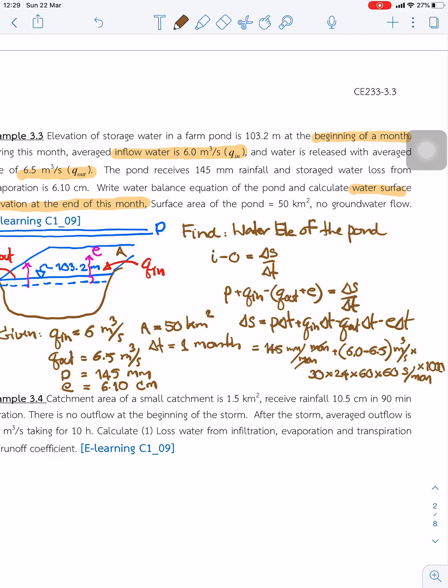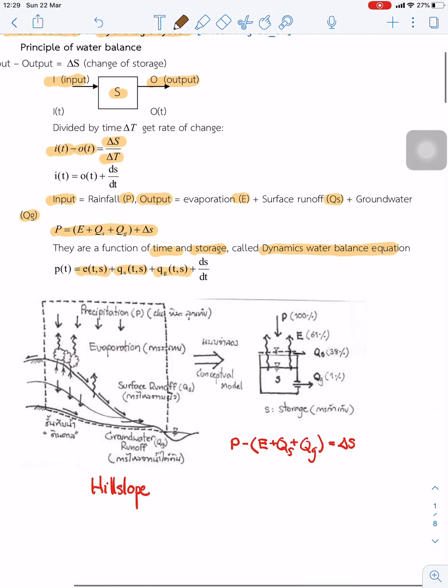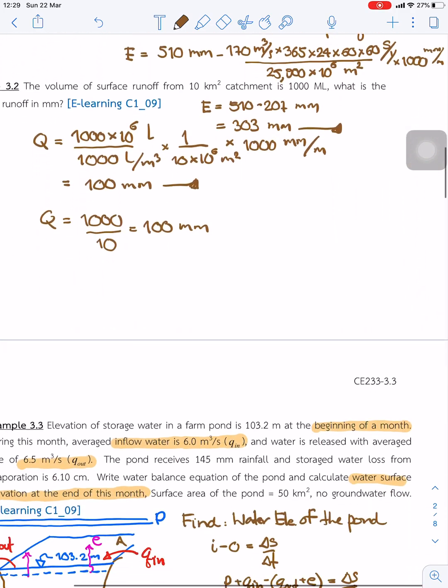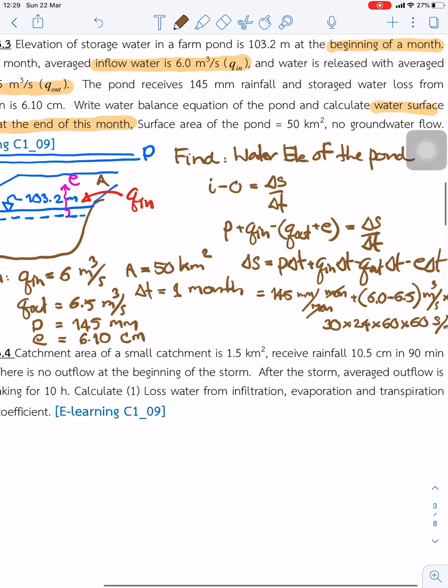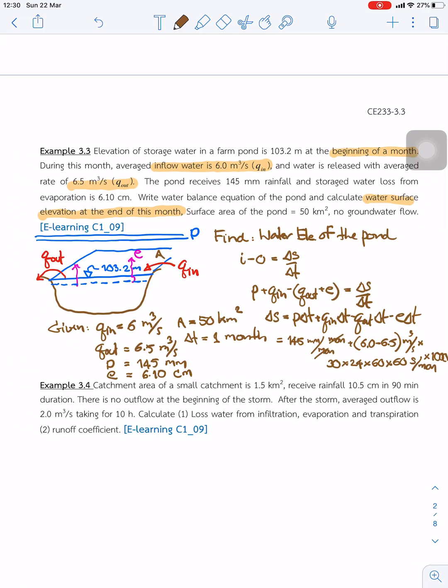And the last one is the evaporation, which is 6.1 centimeter, so we can convert to millimeter.